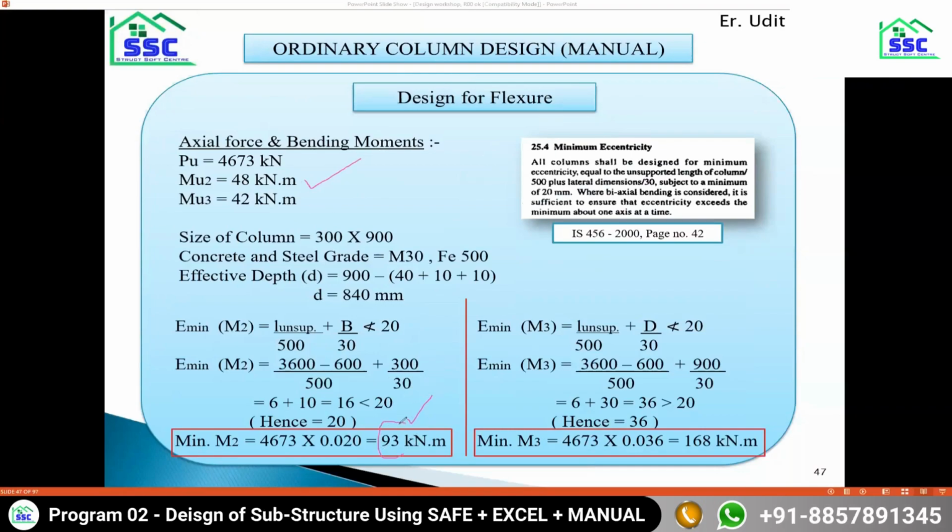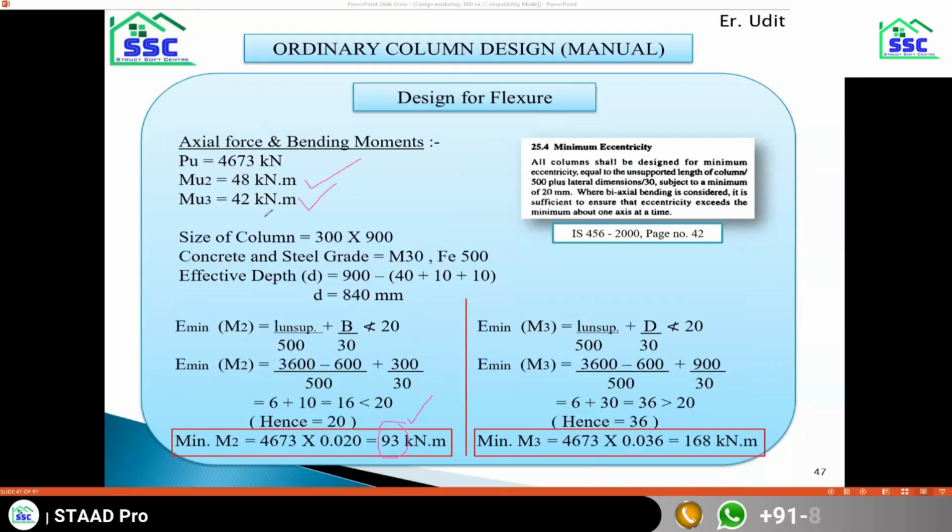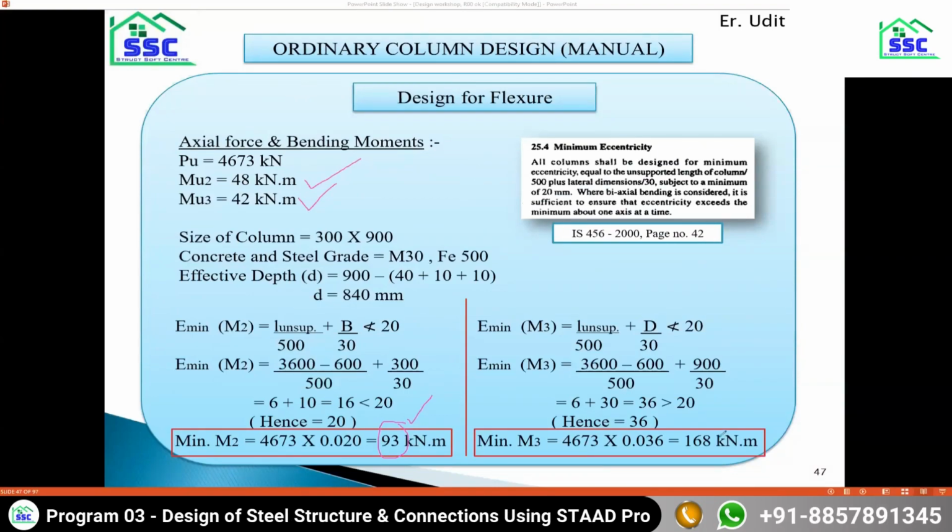So obviously it will be 93. Similarly, along the major axis, the design moment will be maximum of analysis moment and eccentricity moment. So it will be maximum of 42 and this 168. So my design moment along major axis will be 168. So simply these 93 and 168 will be our design bending moments.